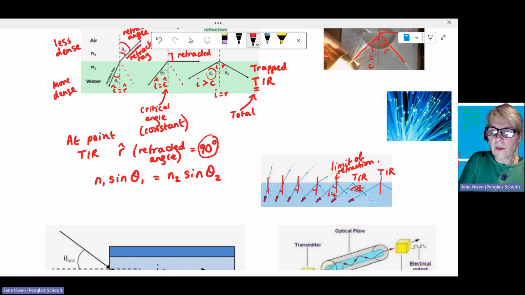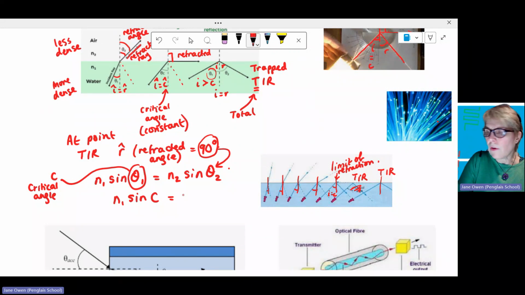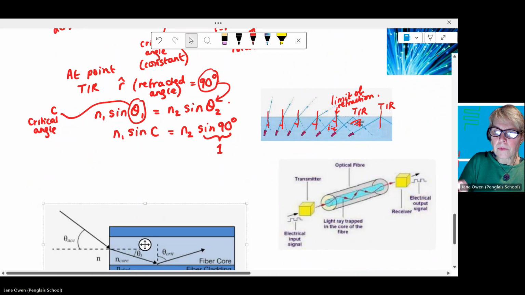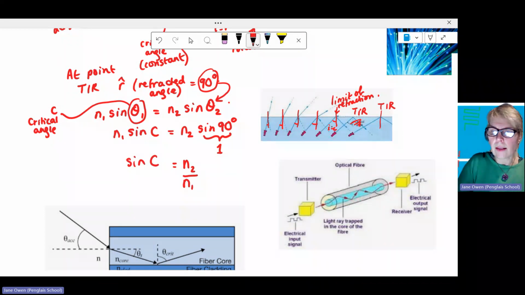The 90 degrees out is theta 2, and theta 1 is the critical angle. So n1 sine C is equal to n2 sine 90, but sine 90 is equal to 1. So n2 divided by n1 is equal to sine C.